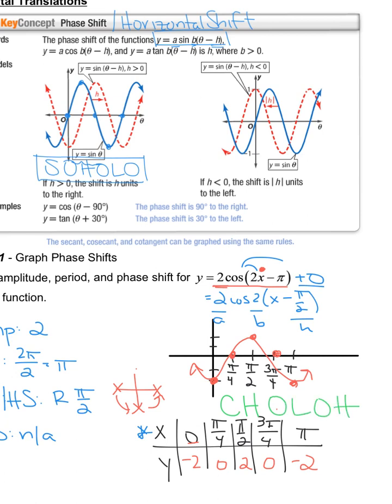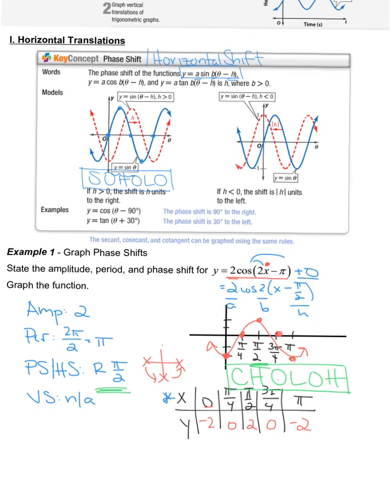If our graph were to continue, cholo. And if you notice, where did the peak start? Well, surprisingly enough, it corresponded exactly to the location of our horizontal shift. Awesome. Easy peasy, hopefully. Again, just building on those concepts from yesterday.